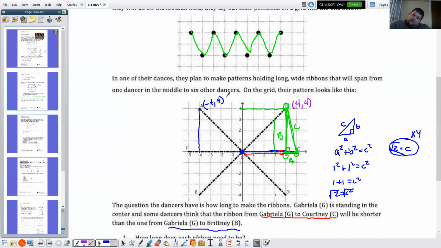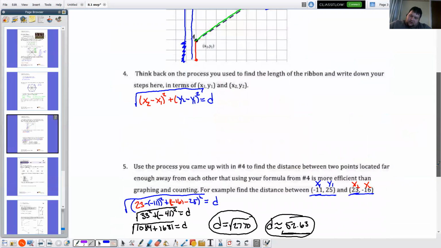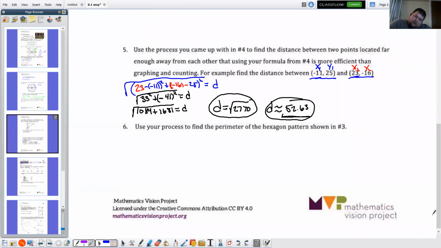This is A, and this is B. So here, let's go back to the question. So A was at -4, 4, and B was at 4, 4.